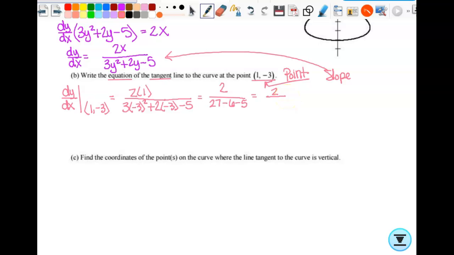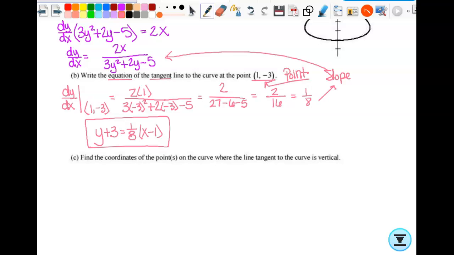So 27 minus 11 is 16, so this gives me 1/8. Now I have the slope and I already had the point. So y minus -3, which is y plus 3, equals 1/8 times (x minus 1).